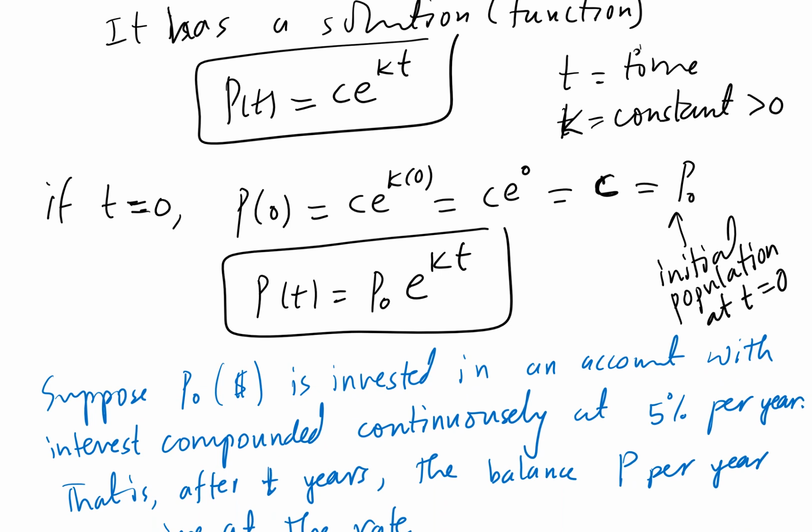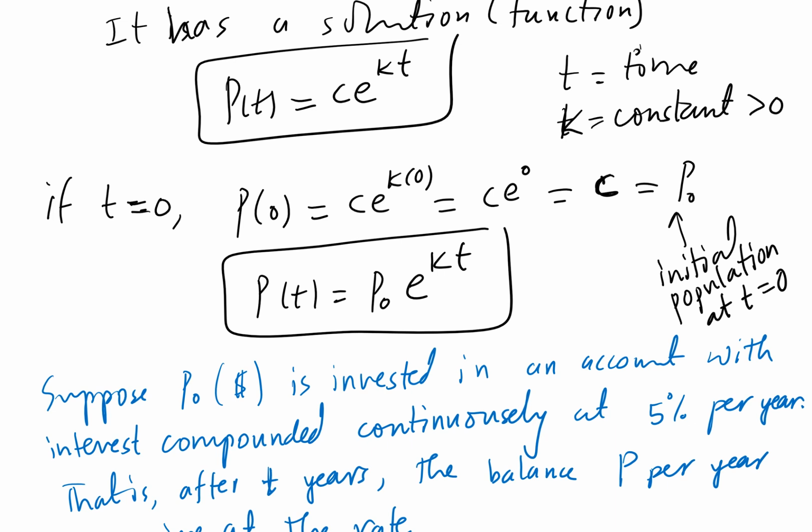Now we're going to apply it to what we just wrote here. Suppose P of 0 dollars is invested in an account with interest compounded continuously. P of 0 means the initial amount of money in dollars that is invested.